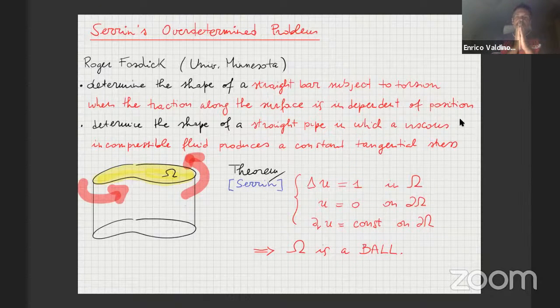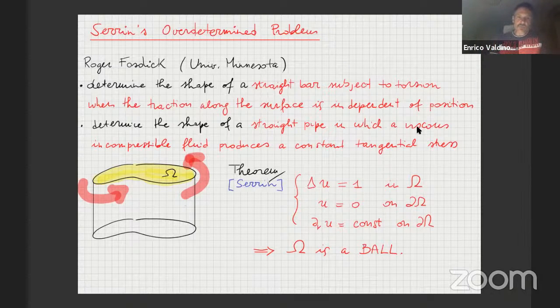So the two questions were, one, motivated by engineering. You have a straight bar subject to torsion, and you know that the traction along the surface is independent of the position. And the question is, can you determine the shape of the bar?